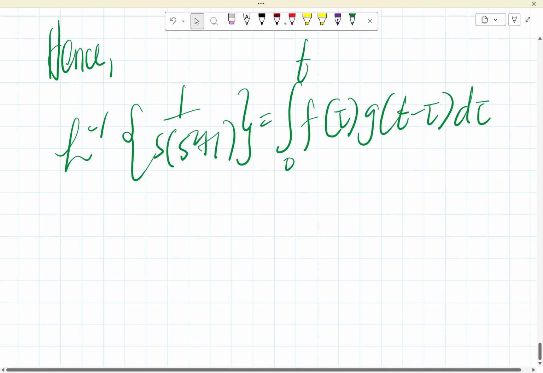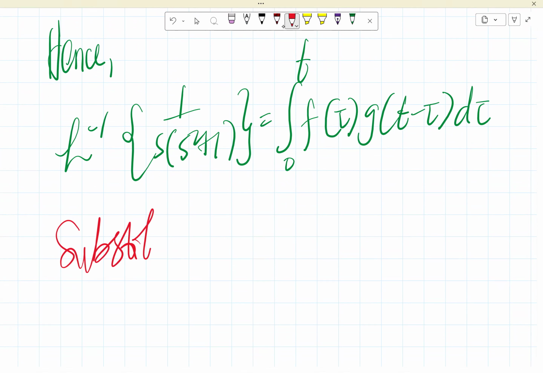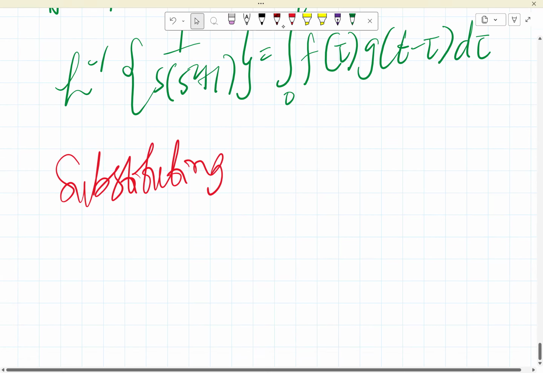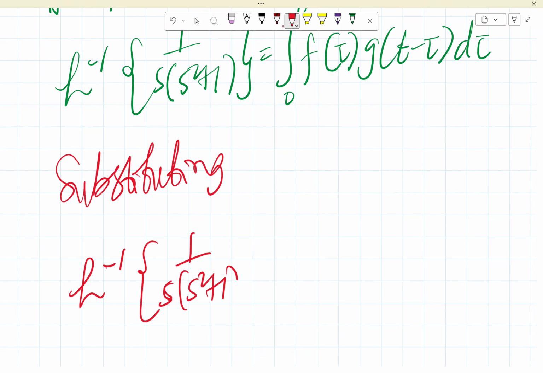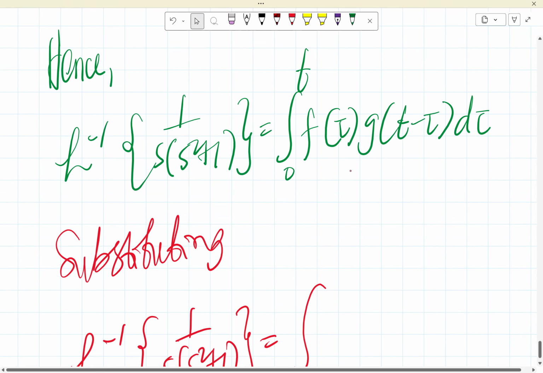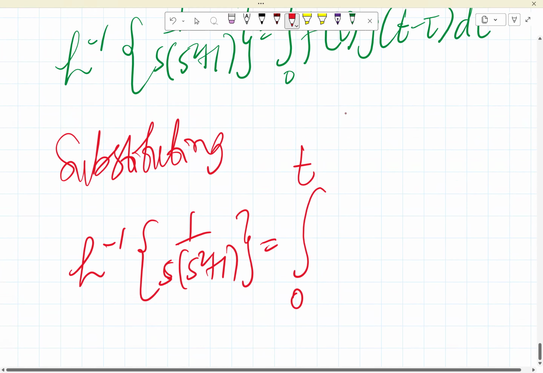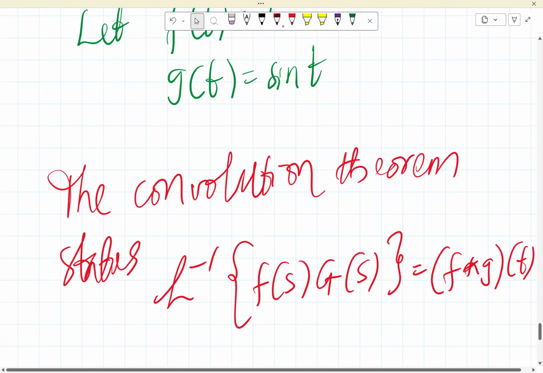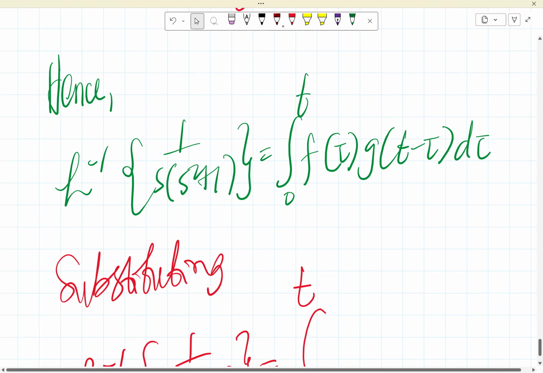So substituting what we have, the inverse Laplace of 1 over s times s squared plus 1 is the same thing as the integral from 0 to t of f of tau. f of t is 1, so f of tau will simply be 1 also.